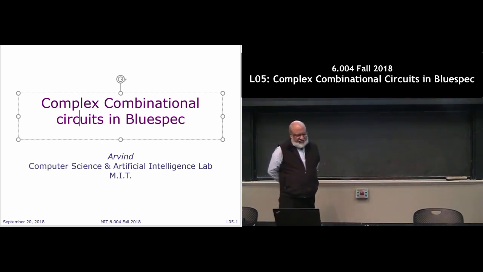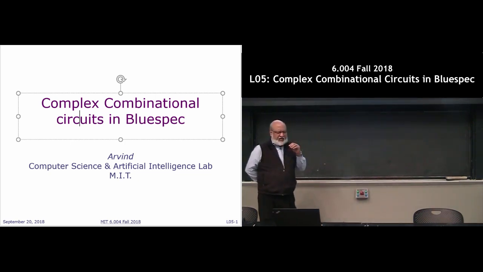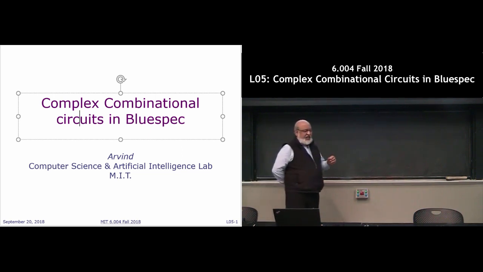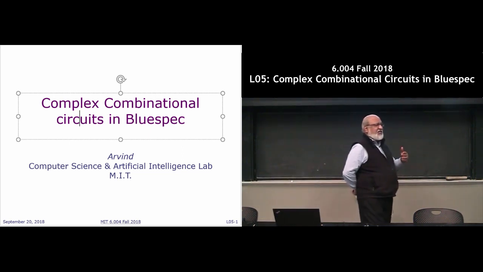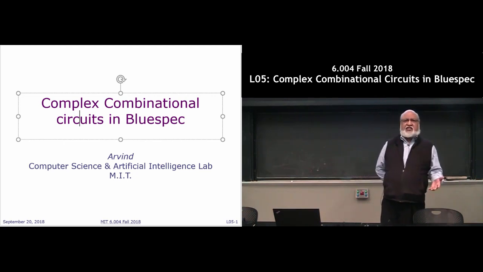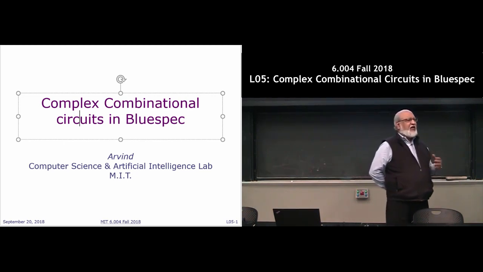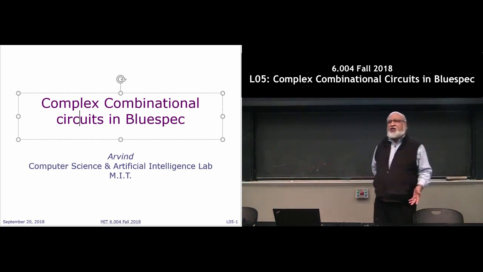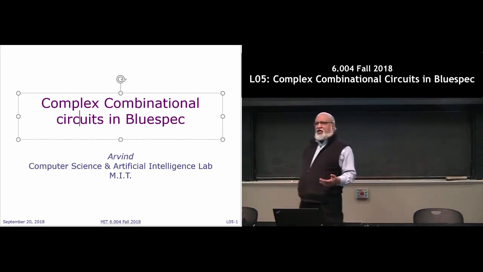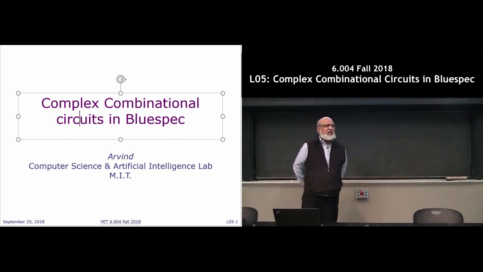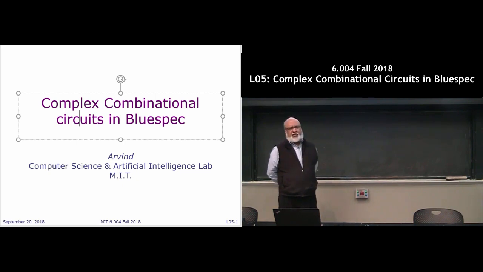Now, it could have been that the Bluespec compiler actually generated circuits directly. But for various reasons, it doesn't do that. It generates another language called Verilog, which is a very popular language. In fact, that is the language in which most hardware design is done.